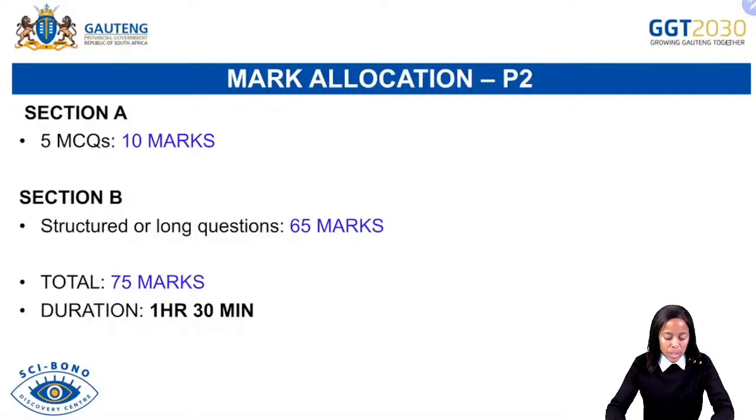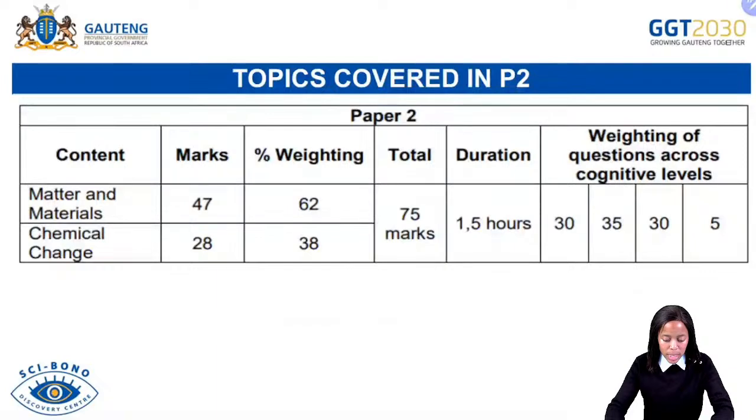This is the mark allocation regarding your paper 2. You have your section A, which consists of 5 multiple choice questions, and that has about 10 marks. Then you have your section B, which consists of structured or long questions, and it consists of 65 marks. The total for paper 2 will therefore be 75 marks, with a duration of 1 hour 30 minutes.